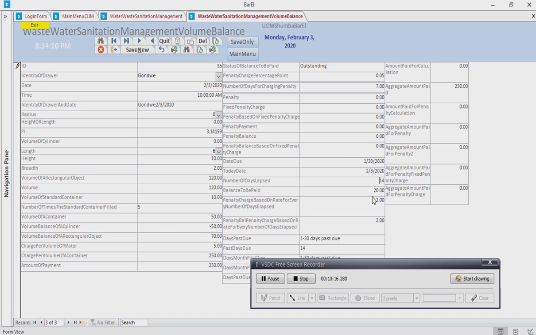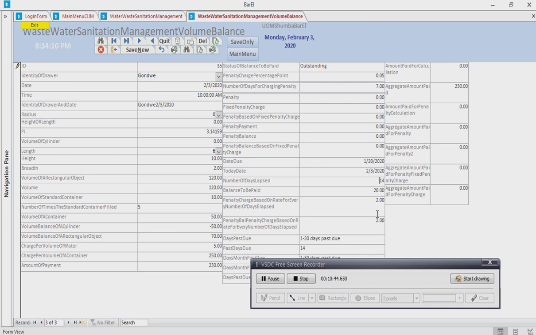and this tukwacha is penalty charge based on rate for number of days elapsed. So it's charged at the rate of 5% for every 7 days.